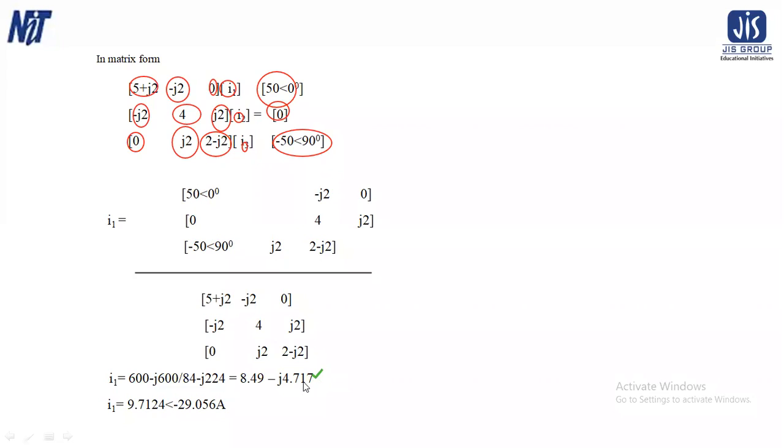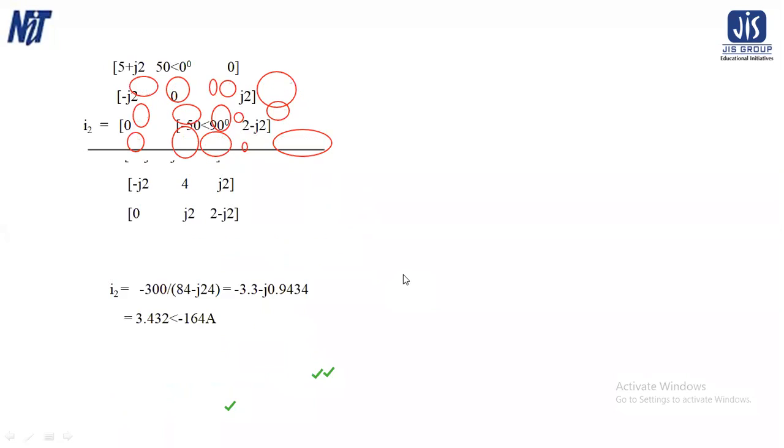This is the value of I1: 8.49 minus J4.717. I1 is this one in polar form, this is in rectangular form. So you have to solve the problem by yourself. In a similar way, we can find the value of I2, the matrix divided by the same determinant.